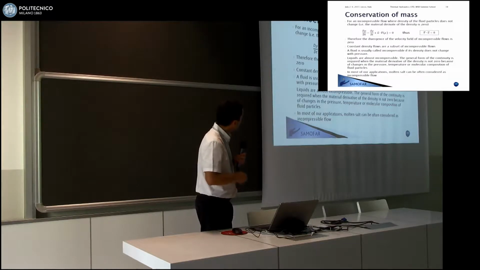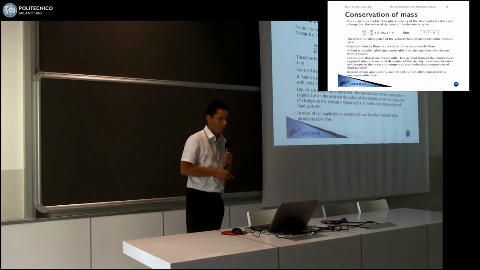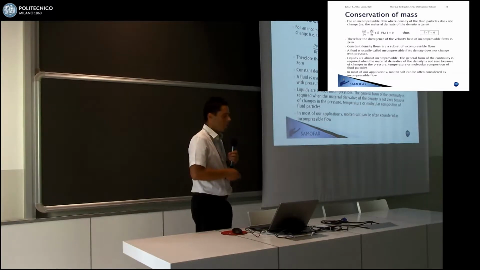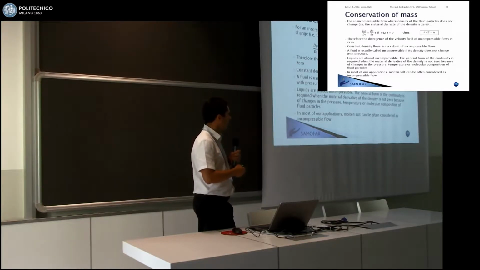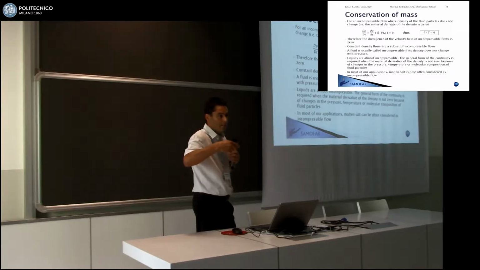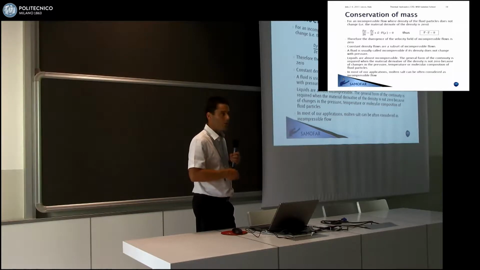Now, a very interesting case, and one that we use very often in many fluids, is the incompressible flow. Incompressible flow means that if I calculate the material derivative, which is the variation of something moving with the fluid, of the density and it is 0, so basically density is not changing, then the conservation of mass becomes a very simple equation that says that the divergence of the velocity should be 0.